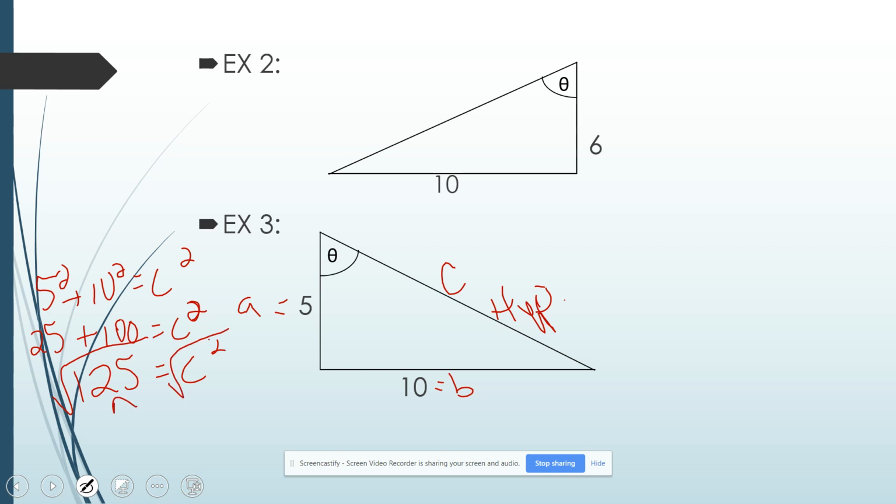Take the square root. 125 is not a perfect square, so we're going to break down 125. I have a pair of 5s with a 5 left over, which means our hypotenuse is 5 square root of 5.